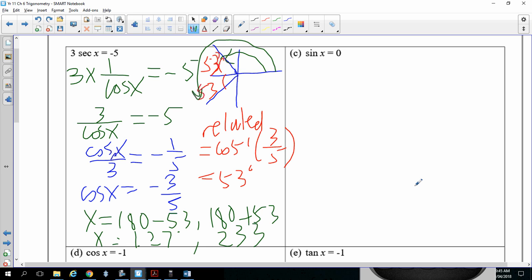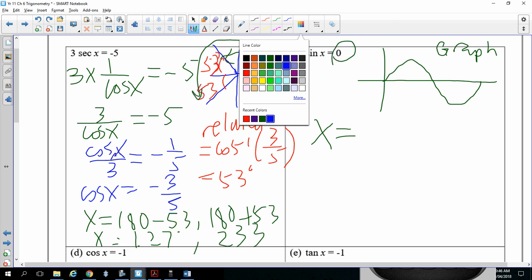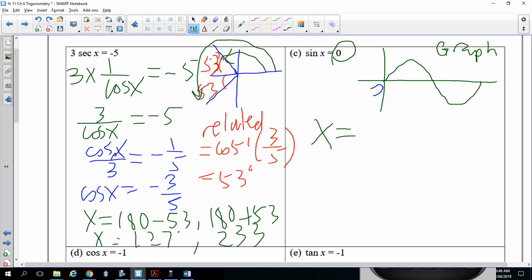So when it's 0, if you remember the 5 times we did it, you would remember these are the angles, hopefully. If not, you can go home and practice more. So when is it 0? At 0, right here, 180 and 360. So remember, when it's 0, use the graph.